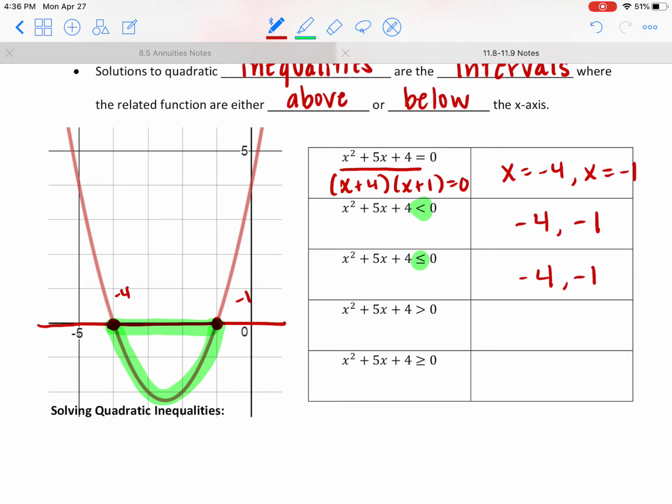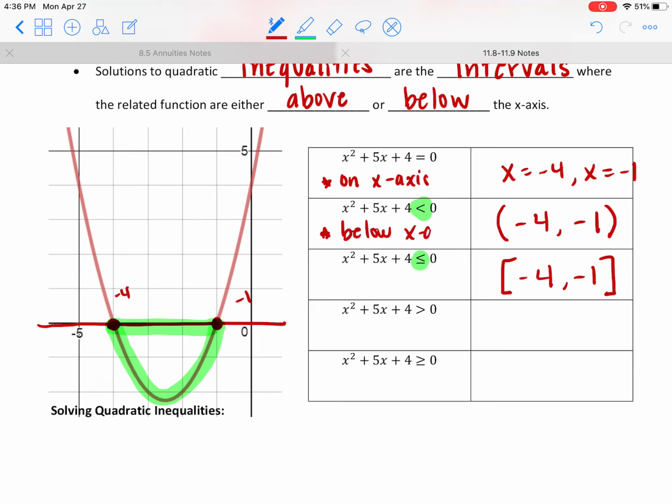Now notice the next one is also asking for less than, but it also has the equal to. That means it can be under and on the x-axis. So it's still going to go from -4 to -1. The difference is here we can equal the -4 and -1, so we'd put brackets. Then the one above we can't, so we would use parentheses.